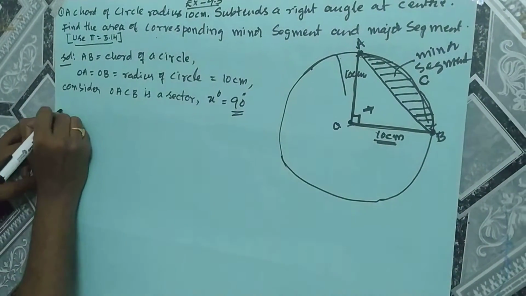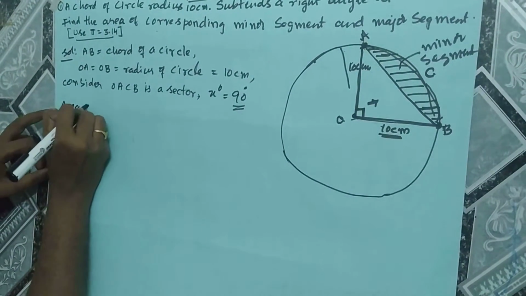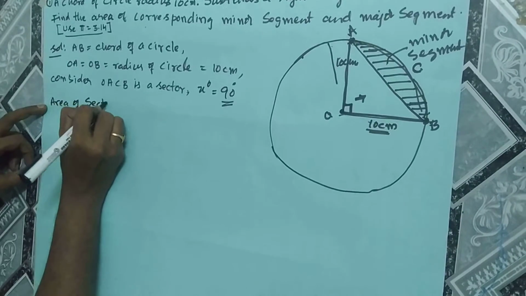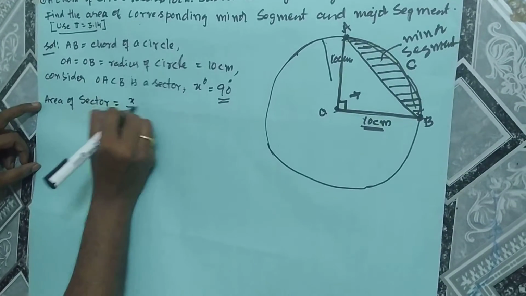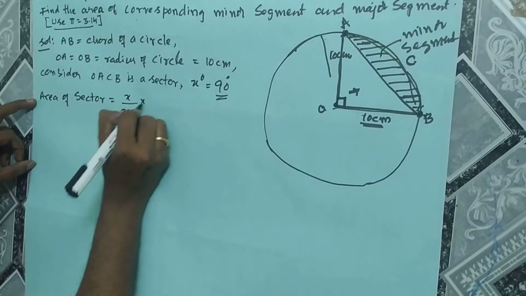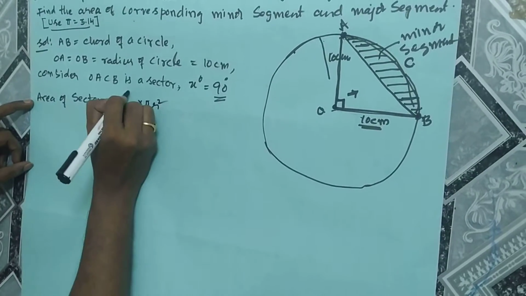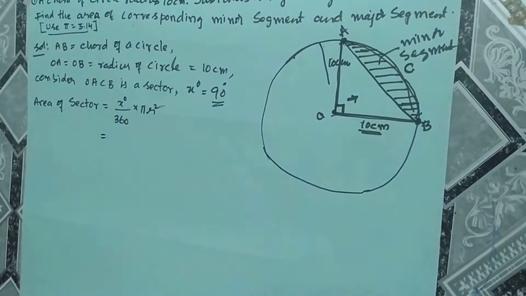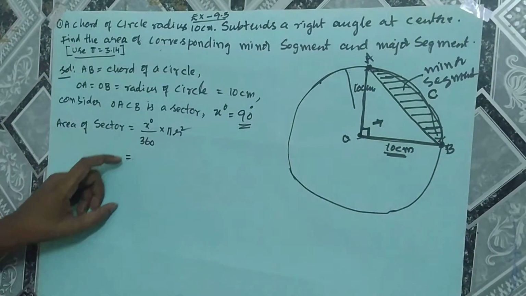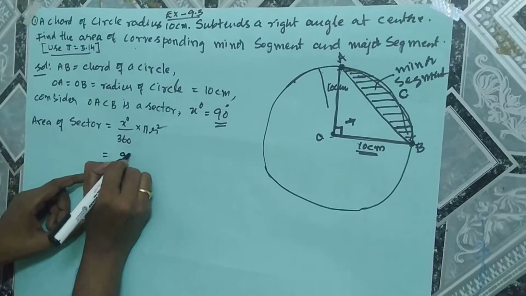Now we will find the area of the sector. The area of a sector is x by 360 into pi r square, where x degrees is 90 degrees, given in the question.